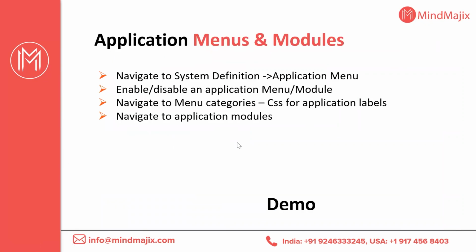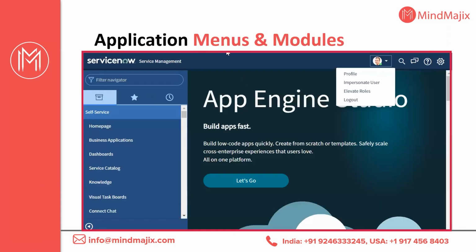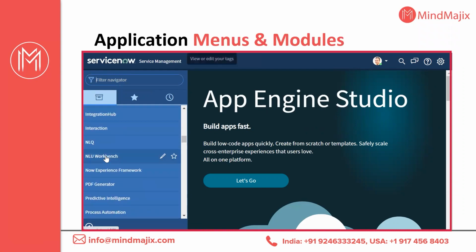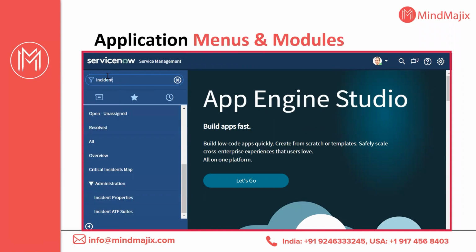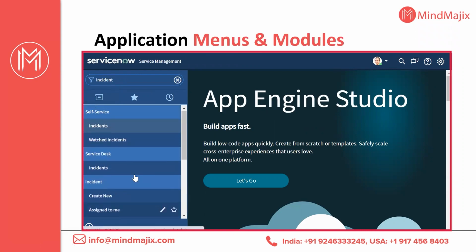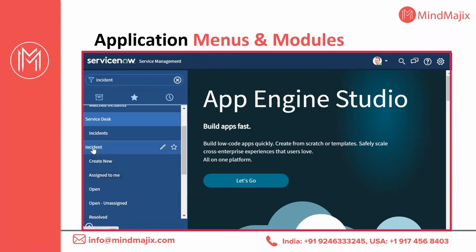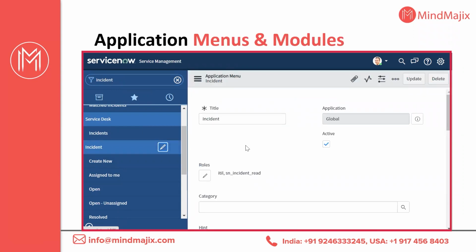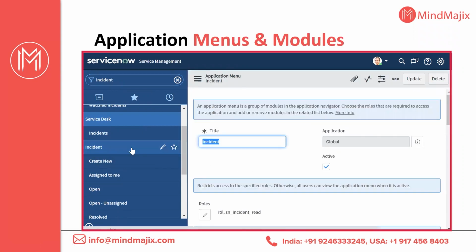The last one is application menu and application modules. I will explain what an application menu and an application module is. I have clicked incident. If you see this highlighted one in this color, this is the application menu.